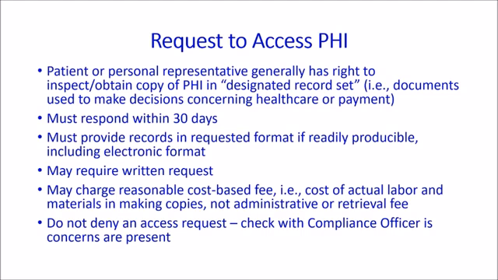PHI should be produced in the format requested by the patient. SEAS Group is allowed to charge reasonable fees for actual cost of labor for creating the copies of the PHI. Medical records reproduction fees are also governed by state statute. If you have questions about a request or the fees involved with producing a copy of PHI, please contact the compliance officer.